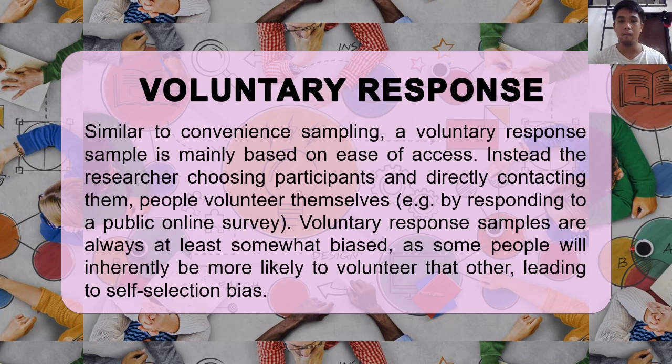Next is the voluntary response. So, similar to convenience sampling, a voluntary response sample is mainly based on ease of access. Instead of the researcher choosing participants and directly contacting them, people volunteer themselves. So in this kind of sampling, an individual can voluntarily respond to the researcher to participate in the study. This can be done by responding to a public online survey.